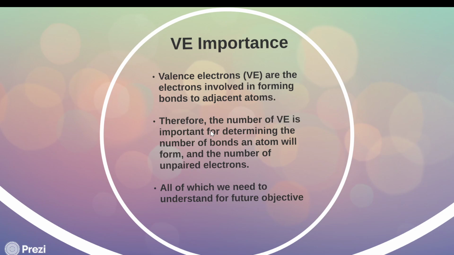And the shape of the compounds affects many other things, for instance whether it boils at a high or low temperature, and whether it reacts quickly. So all these things are based off of these valence electrons.